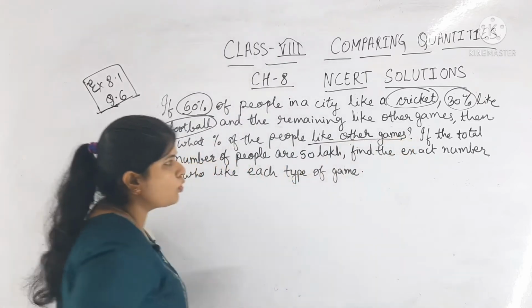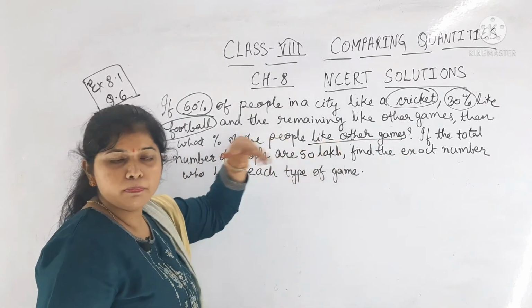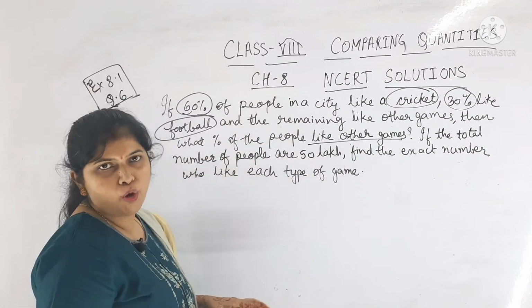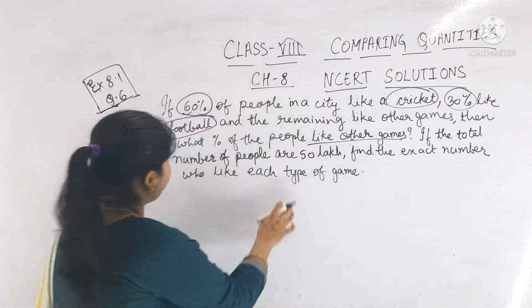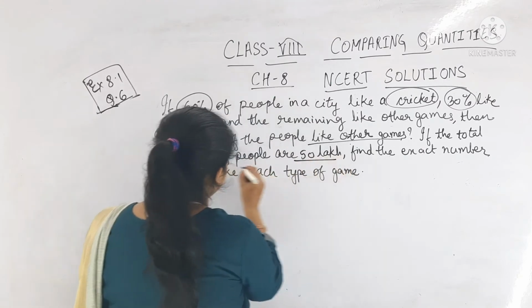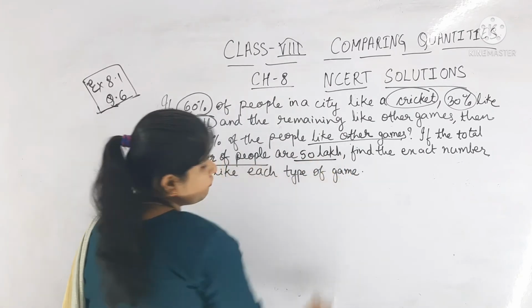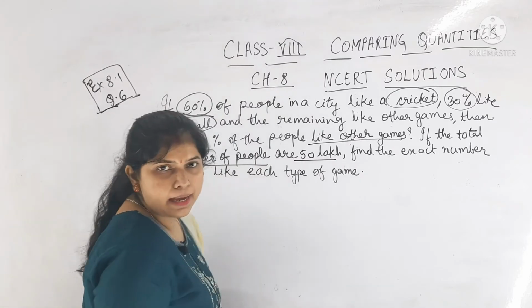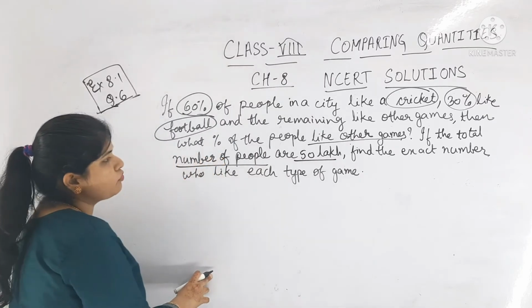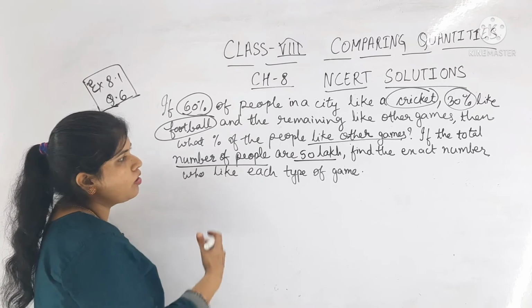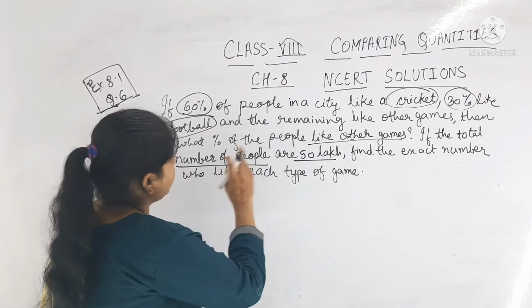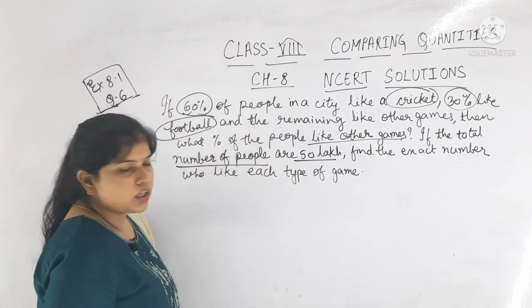If the total number of people is 50 lakh, find the exact number who like each type of game, that is for cricket, for football and for the other games.